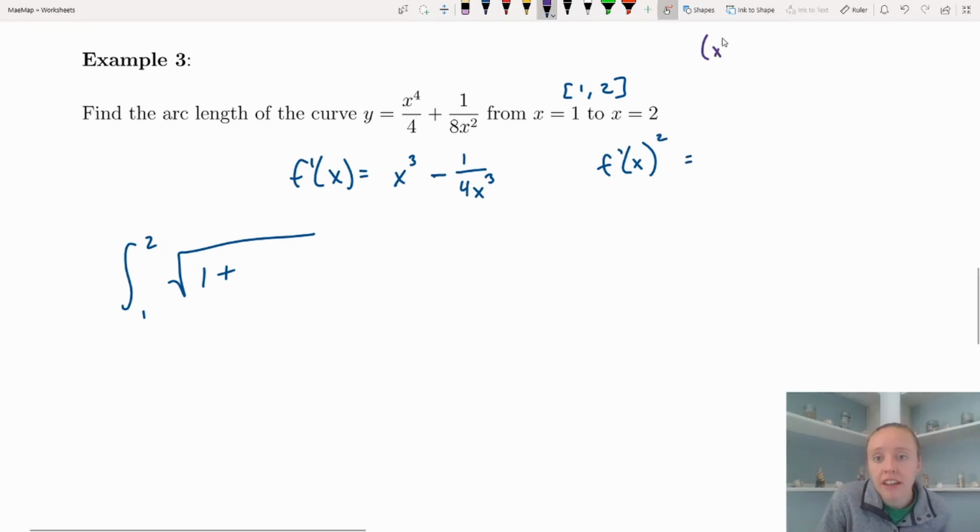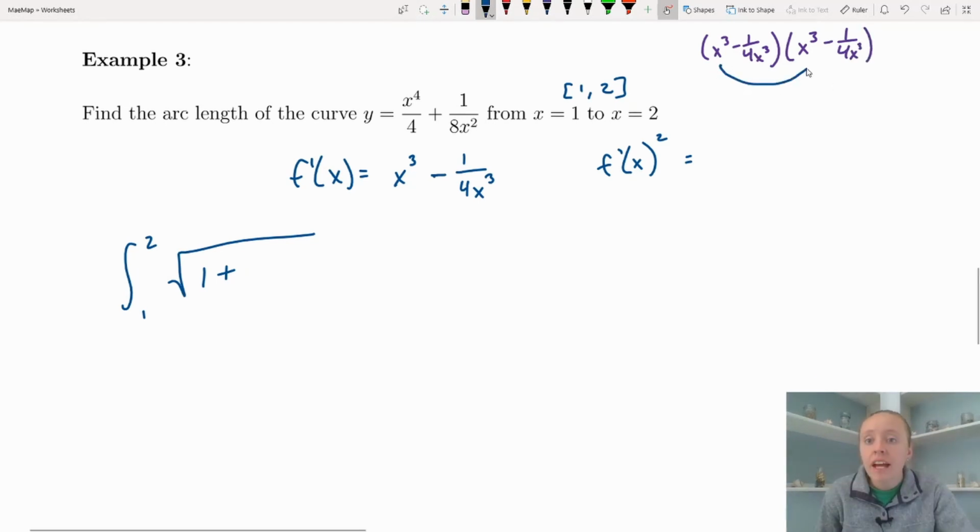So I'm going to take that x cubed minus 1 over 4x cubed and multiply it by x cubed minus 1 over 4x cubed. I'm going to write it up here, these two binomials, so you can see me foiling it out. X cubed times x cubed, adding those exponents, will be x to the 6th. Then we'll have x cubed times negative 1 over 4x cubed, which the x cubed will cancel out to give me negative 1/4.